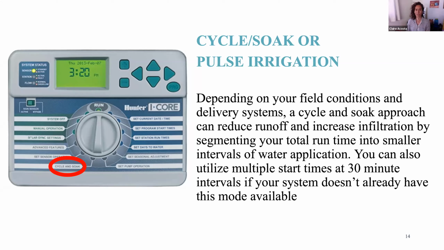It can be really beneficial. It helps with soils that have runoff or infiltration issues. So maybe your heavier soils, this cycle soak or pulse irrigation method is the best case scenario.